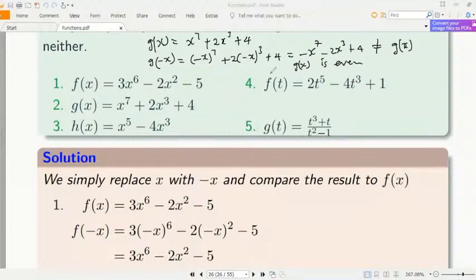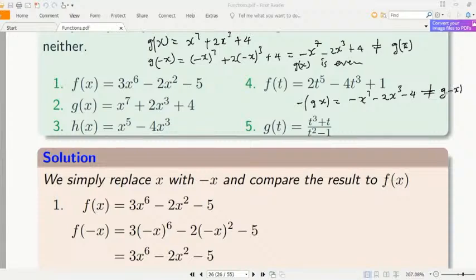So if it's not even, then we proceed to find out whether it's odd. To find out whether it's odd, I need to get negative and multiply g of x. So negative times this g of x will be negative x raised to 7, negative 2x cubed, and negative 4. And I'm also seeing that this is not equal to g of negative x.